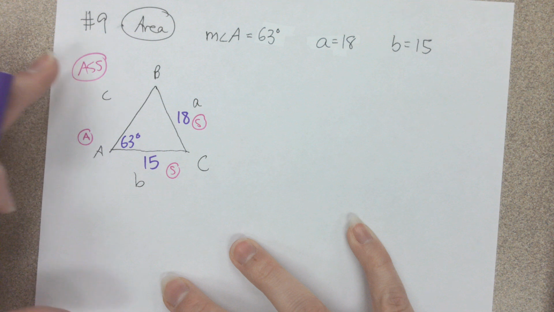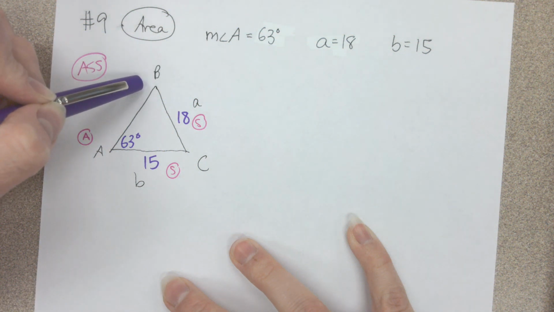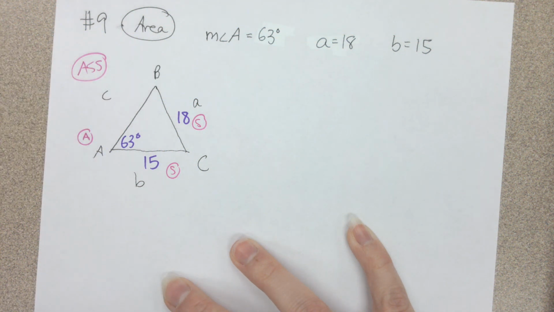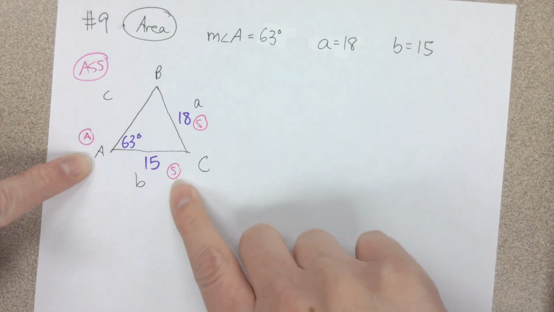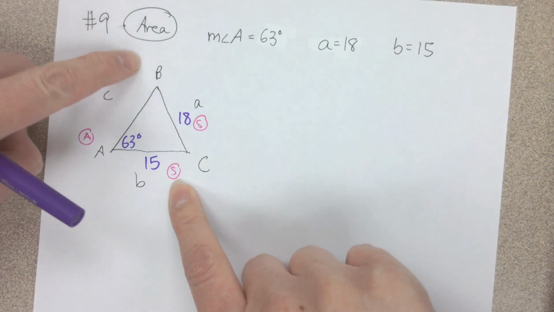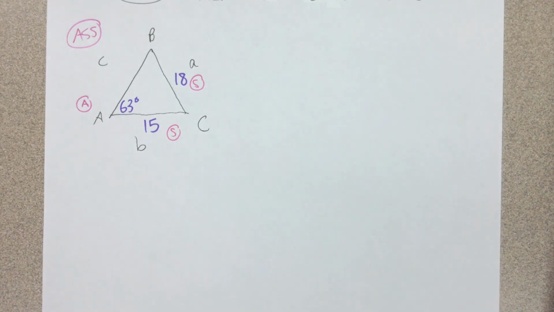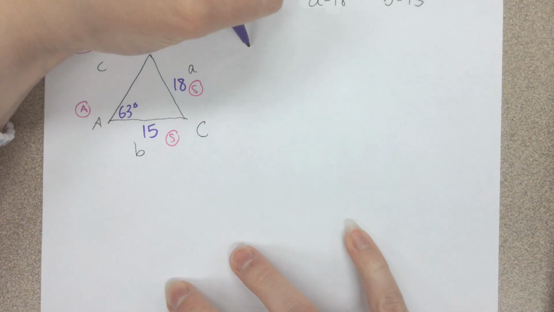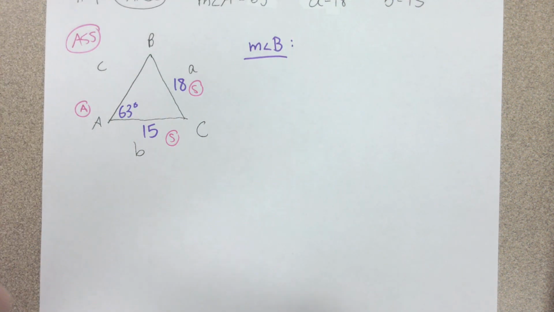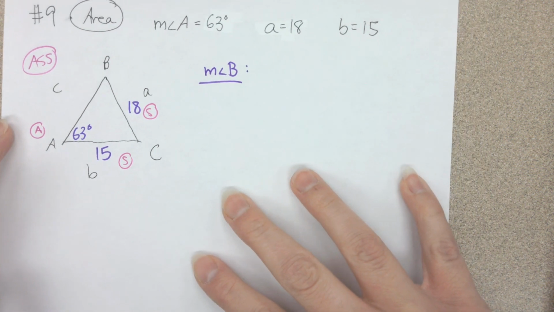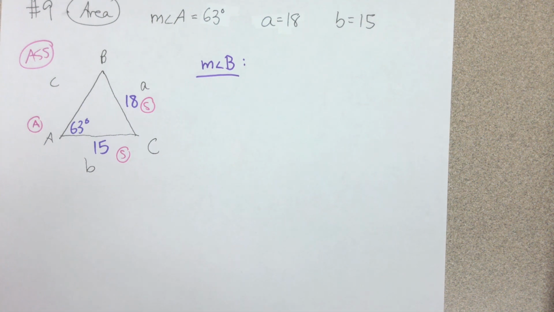So we can find angle B. That's where we can start because we have the A's and then we have side B. So we're going to have to do angle B from here. That's the only way we can move from this point on, is find angle B.